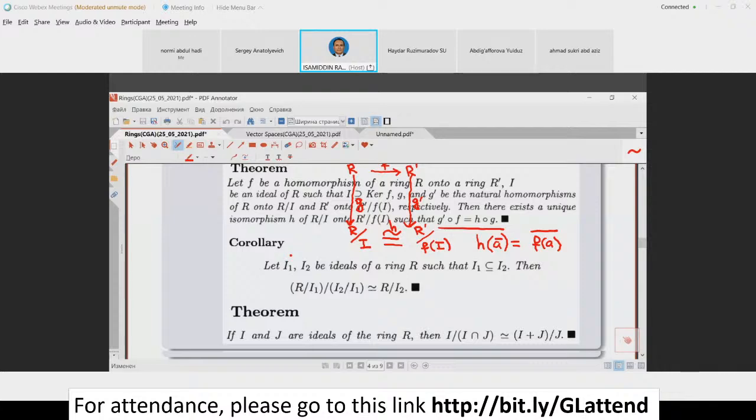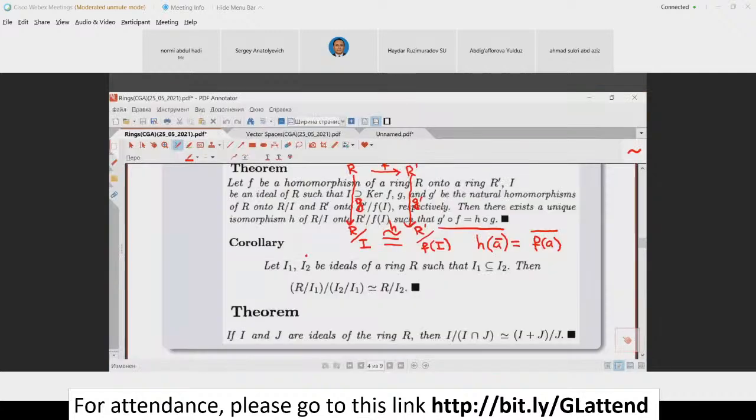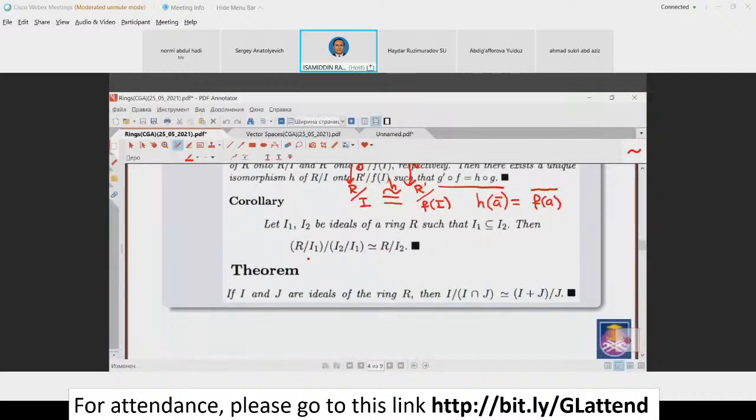Corollary from this theorem. If you have I1 and I2, two ideals of R, then of course you can make the following things. You can first form this quotient ring.